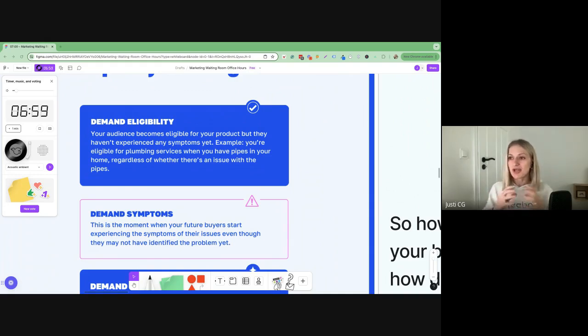So for example, you're eligible for plumbing services the moment you have pipes in your home. That's already eligible, right? And that's regardless of whether you have an issue with pipes or not. You might have issues with your pipes one day.